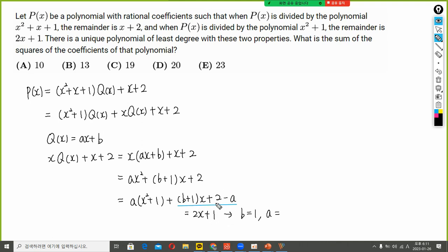Yep, so 2 minus a should be equal to 1. So the value of a is, yeah, 2 minus a is equal to 1. So a is also 1. So we find the values of a and b. That means we are finding p(x) when q(x) is x plus 1, because a and b are both 1.